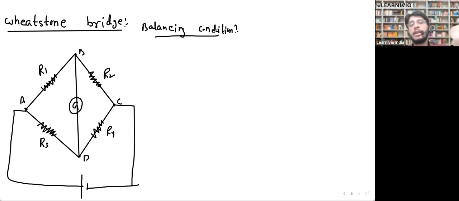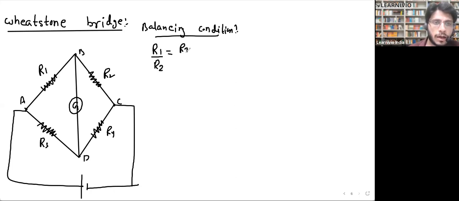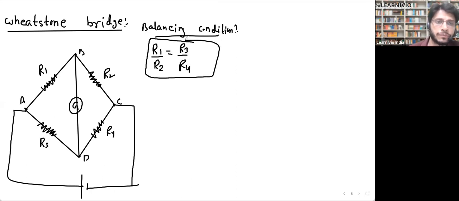Perfect. Balancing condition of a Wheatstone bridge means that if I'm saying a Wheatstone bridge is balanced, no current is passing through this arm. And if no current is passing through this arm, then R1 by R2 should be equal to R3 by R4. This is the balancing condition that we are supposed to derive.